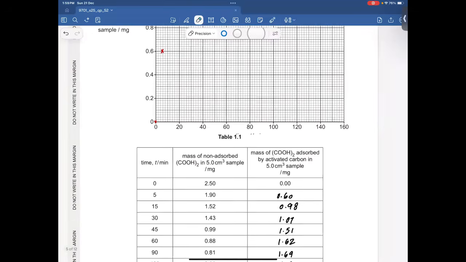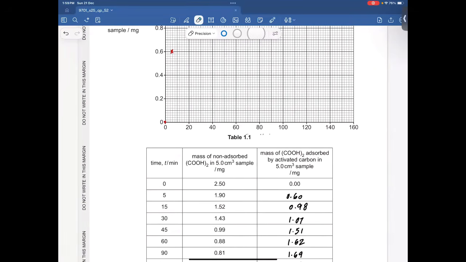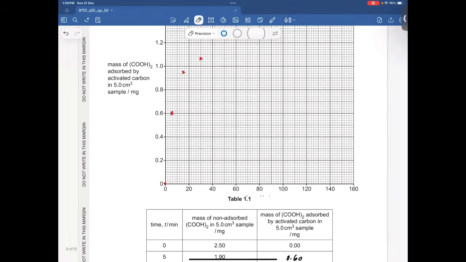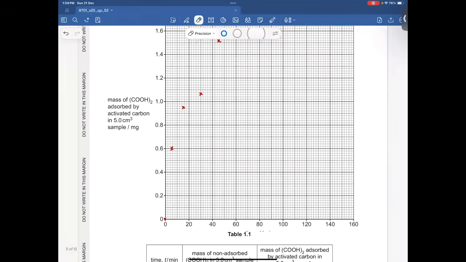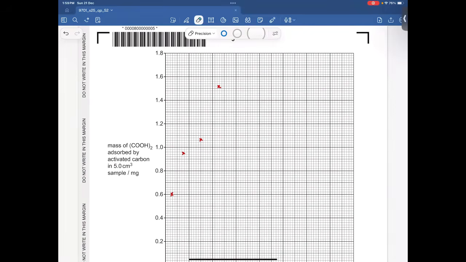Then we have 60, 1.62, somewhere here. Okay.